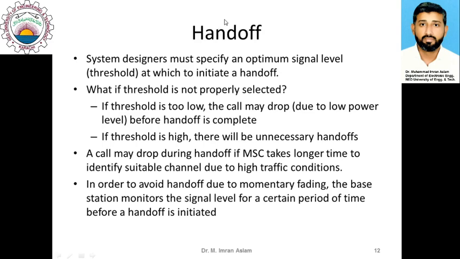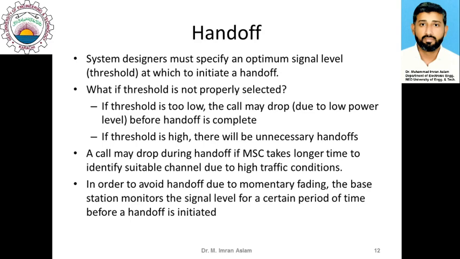It must be noted that in wireless systems there may be some deep fading occurring even if there is no need of handoff. So in order to avoid handoff on the basis of momentary signal loss or momentary fading, the base station has to monitor the signal over a certain period of time.